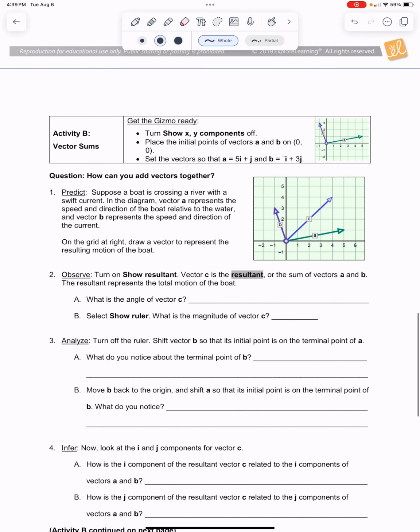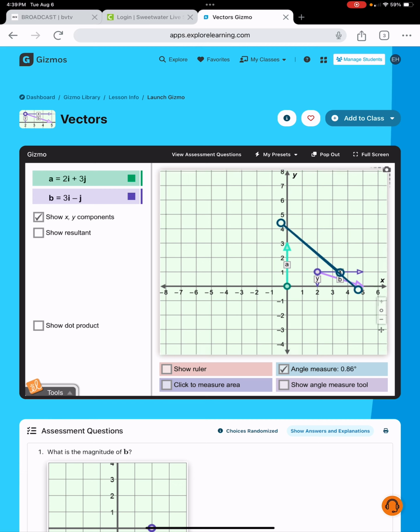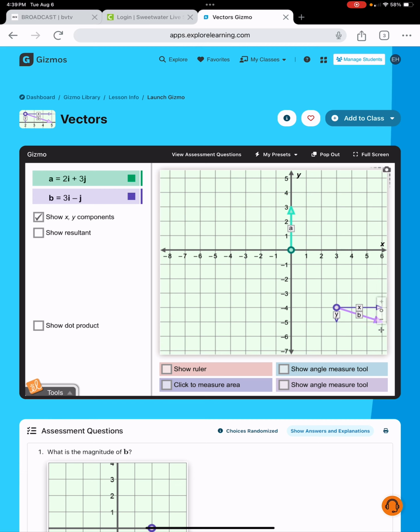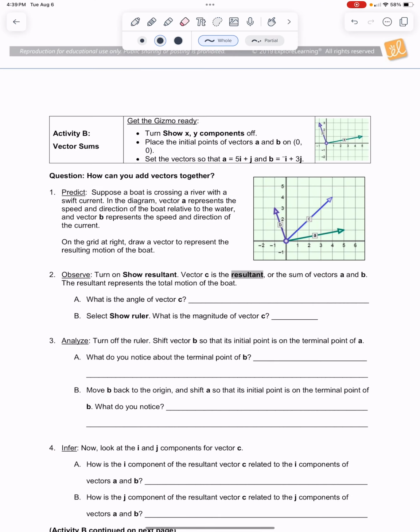Okay, activity B, vector sums. Turn show X and Y components off. Okay, it says place the initial vector of A and B on 0, 0.